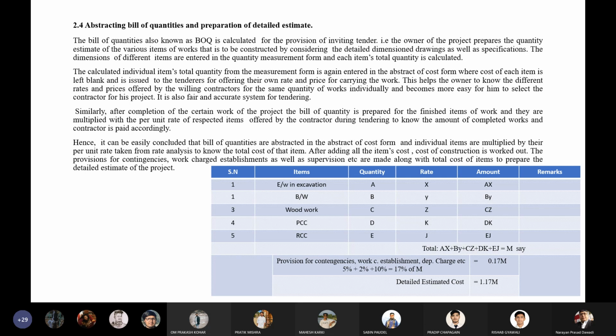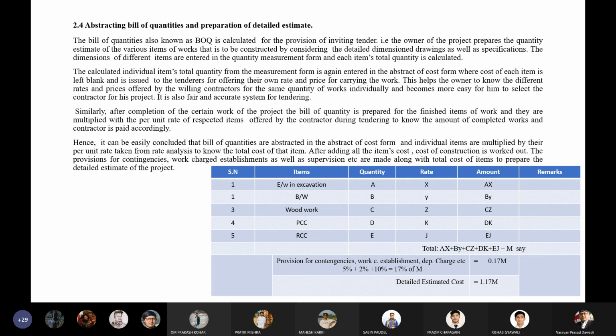That's why the bill of quantity is nothing but the abstract of the total quantity of each individual item that is entered in the abstract of cost form, to know each and every item's cost after multiplying the rate of each item of work by the total quantity of that item. This is the bill of quantity.